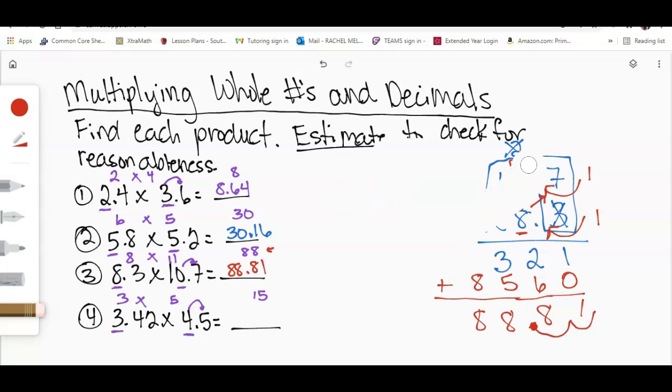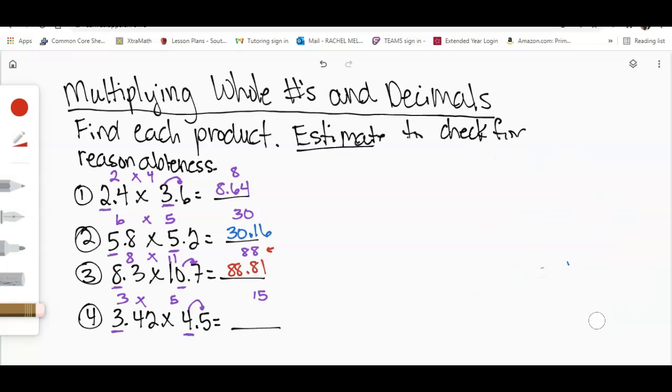So that's the 3 and 42/100 times 4 and 5/10.